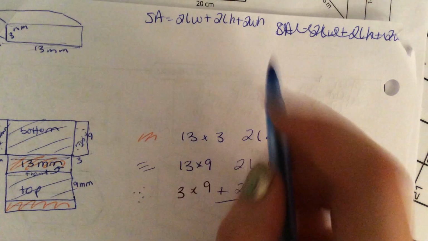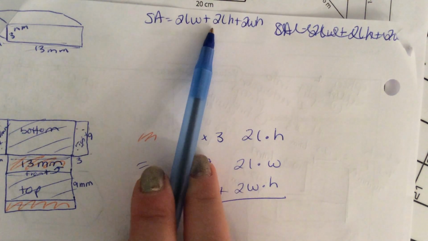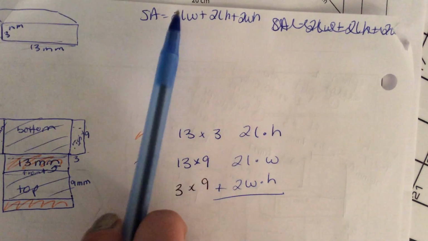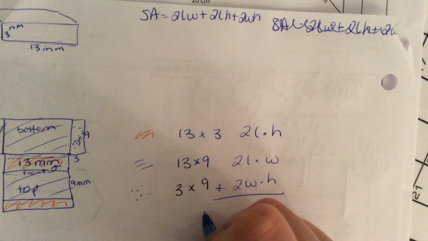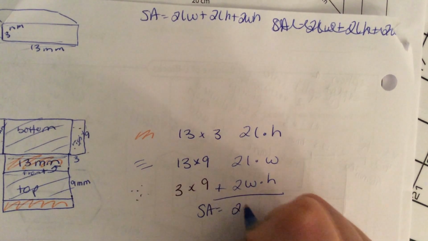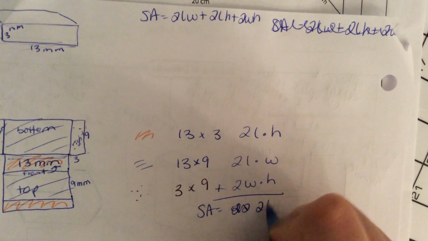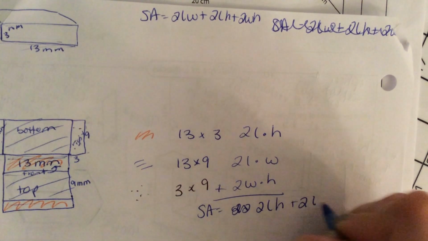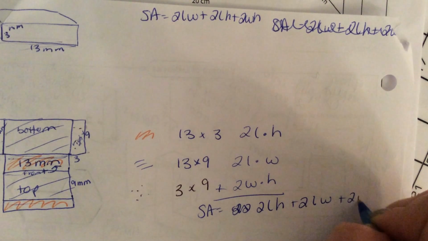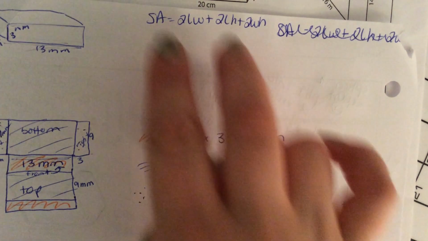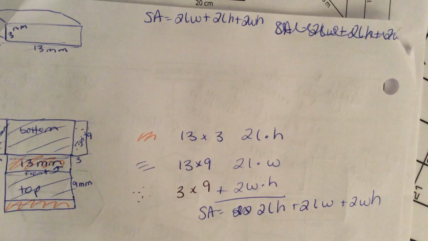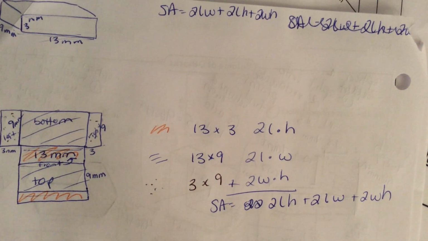So when we do that, we get a combination of this. You'll notice that mine are out of order. These are just flip-flopped. But it doesn't actually matter when you end up writing the formula which ones are in which order, okay? Because addition is commutative. So that is where this formula comes from.